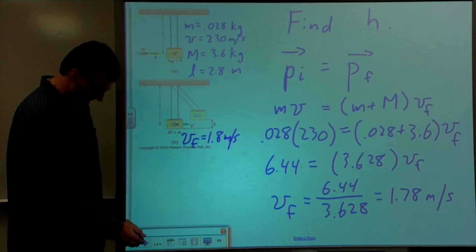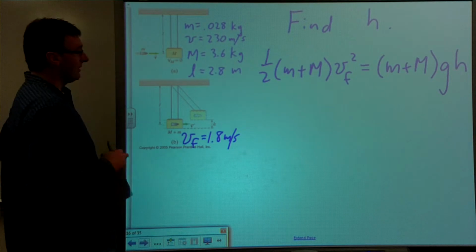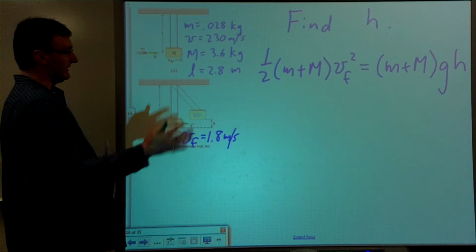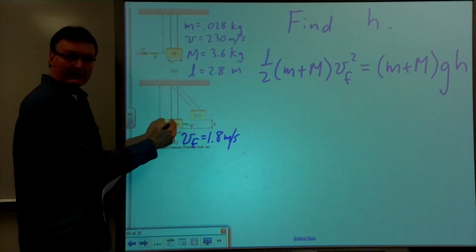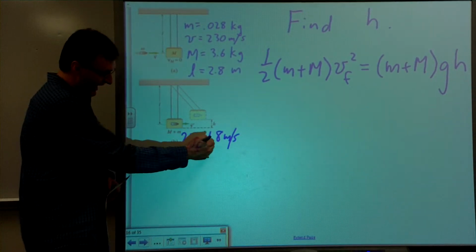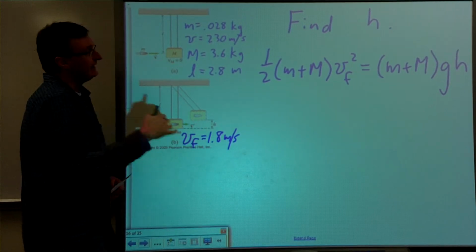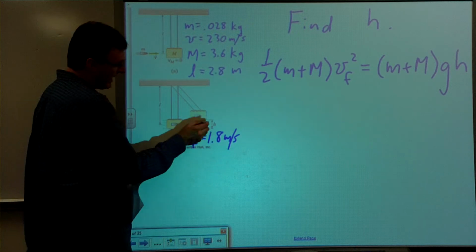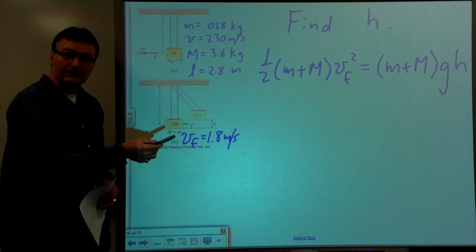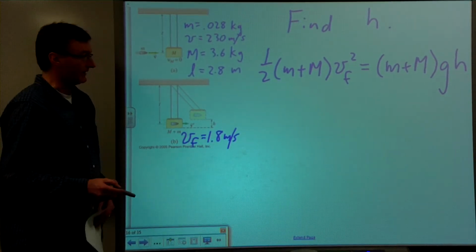Now that we have that established, immediately when this object starts to move at 1.8 meters per second, we can use conservation of energy to determine how high the object goes above the starting point.